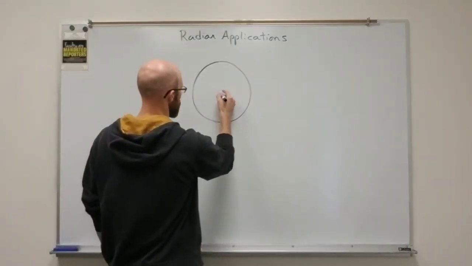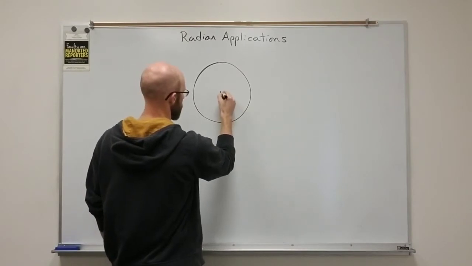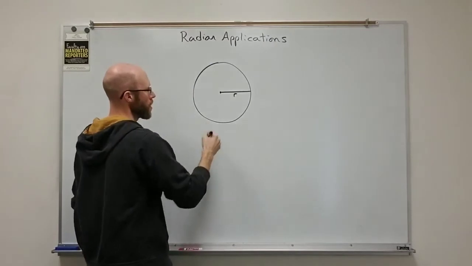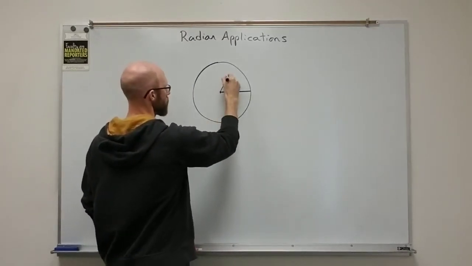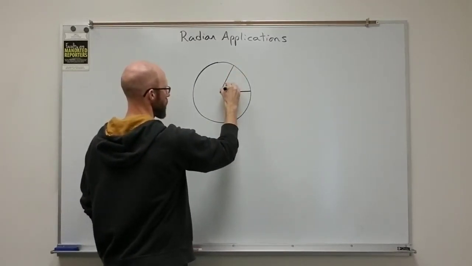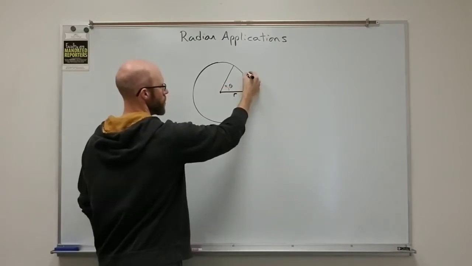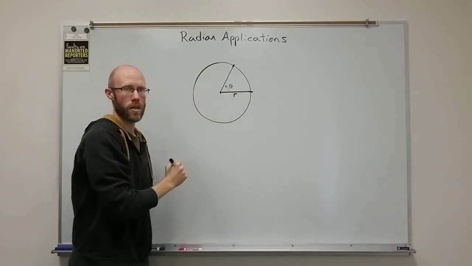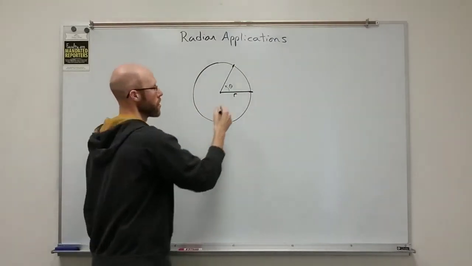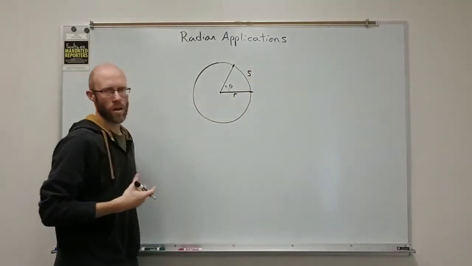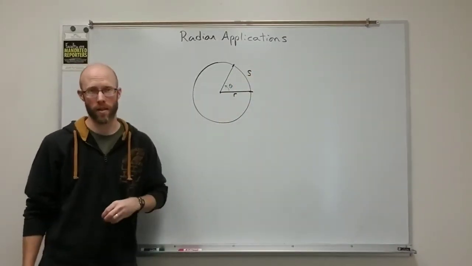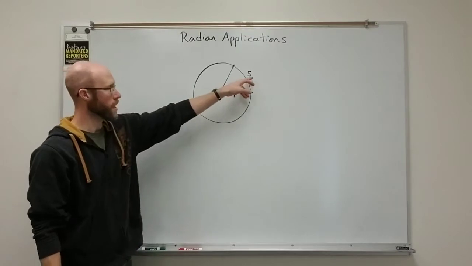Okay, so if I were to have a circle with a certain radius, we'll call it r, and some angle here, we'll call this angle theta, then the corresponding arc length, which is the length around the curve of the circle, has a length of s. We use the letter s for the arc length, okay? So r, theta, and s.